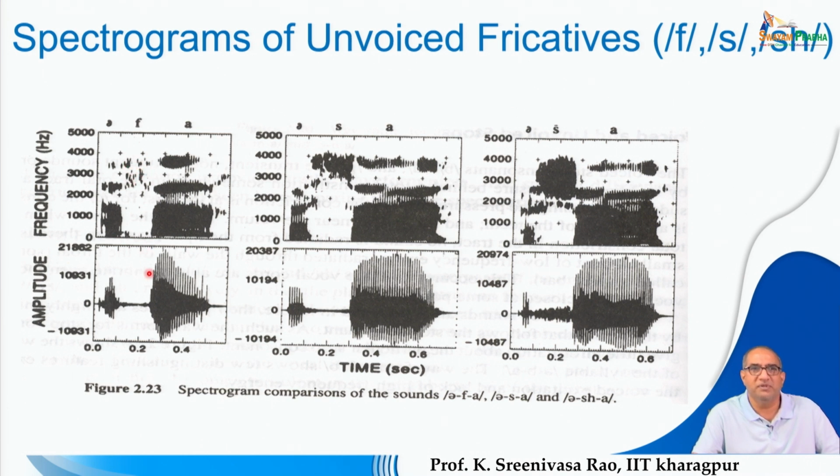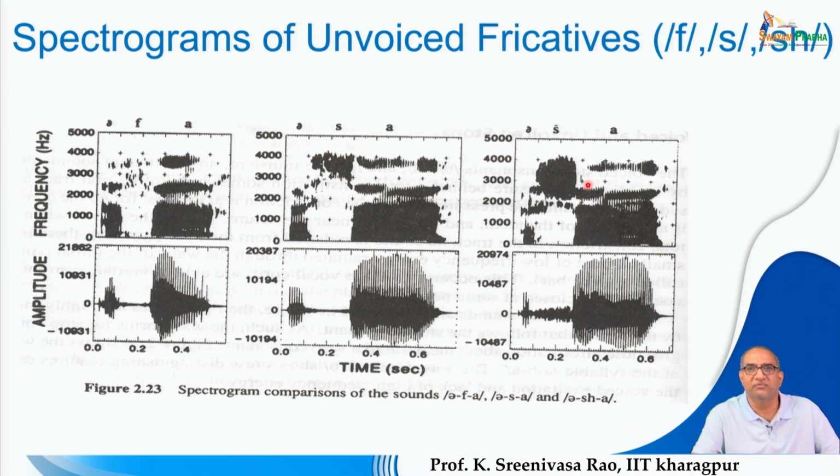That same thing can also be observed in the time domain, whereas in the case of sa, this is slightly stronger, the effect of noise. Noise means high frequency content where the energy is focused in the high frequency region, and there is no structure at all. Here all these frequencies have energy in the range of around 3000 to 4000, and at low frequency you do not observe any energy at all.